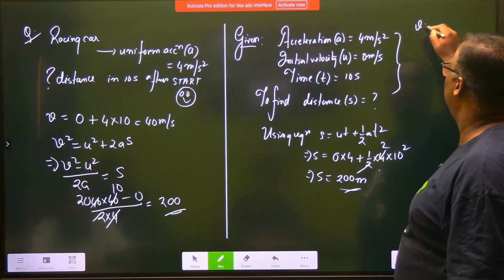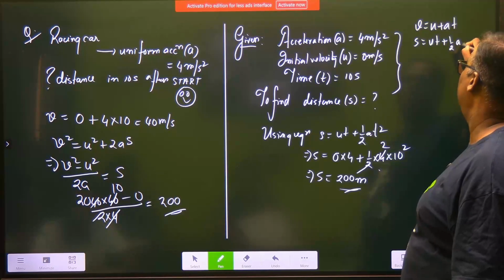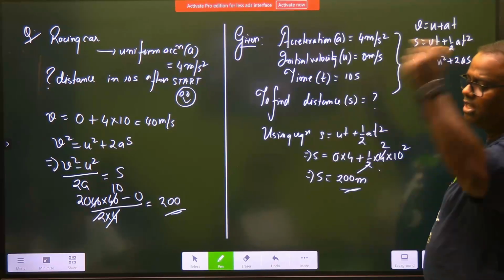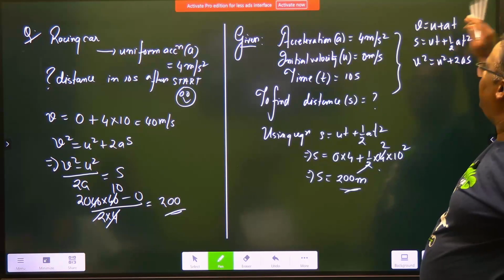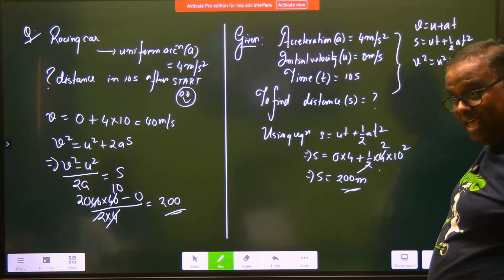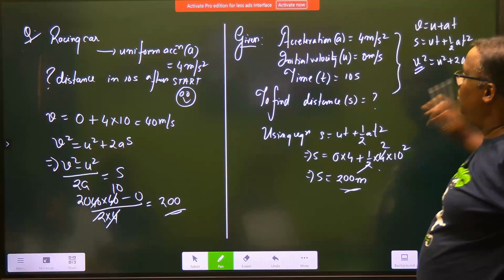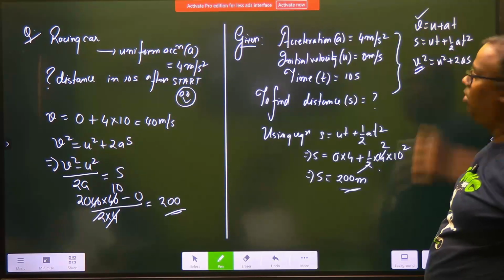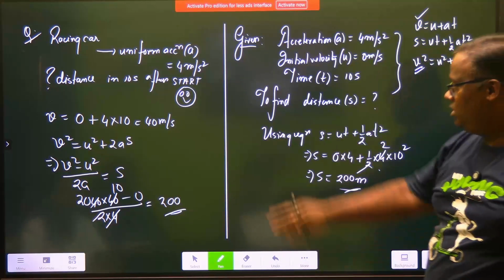Did you understand these data, children? You have 3 equations of motion. V equal to U plus AT. You have another equation called S equal to UT plus half AT square. You have another equation called V square equal to U square plus 2AS. First tell me, child, what have you been asked to find? Distance S. Is S in this formula? T is not there. Is S in this one? But for this you also need a V, which you don't have here. That means if you want to use this formula, you have to first calculate V. So this way of doing the problem is grinding the mill and sweating, which I did here.